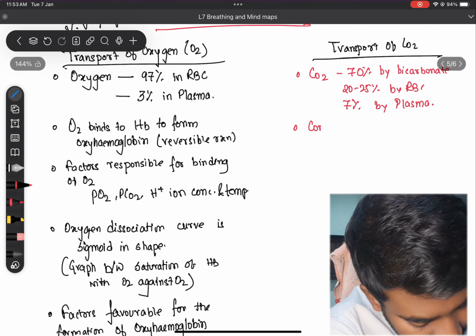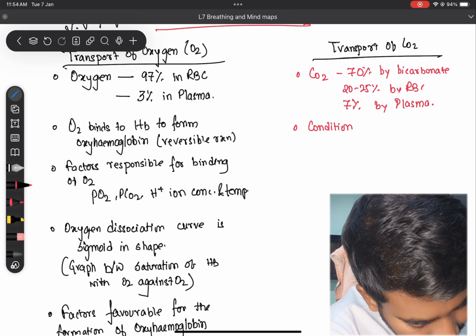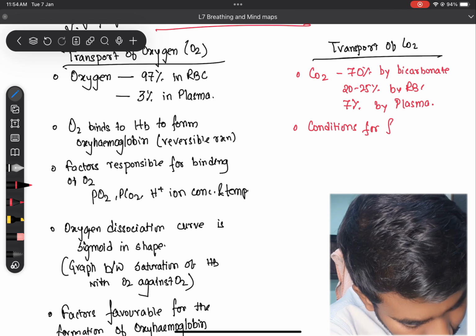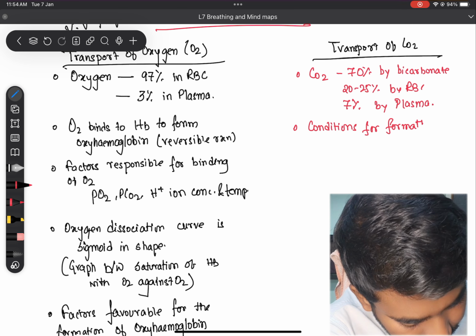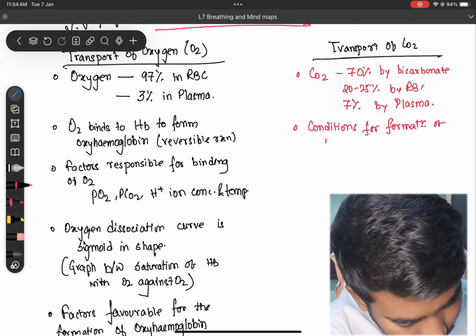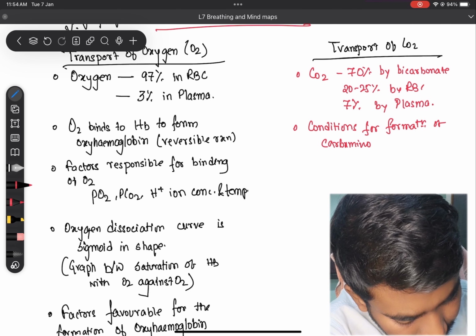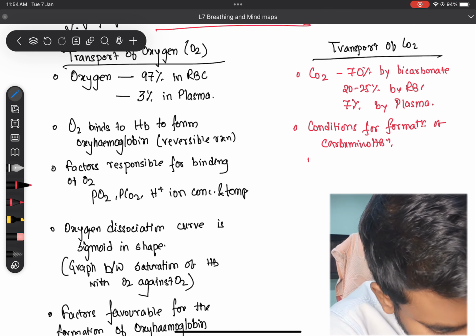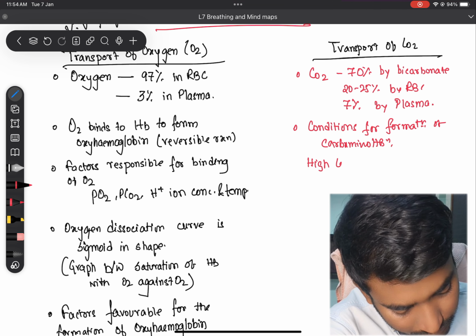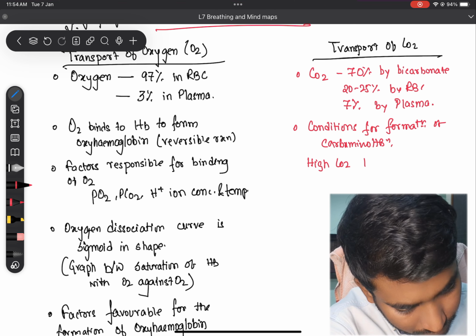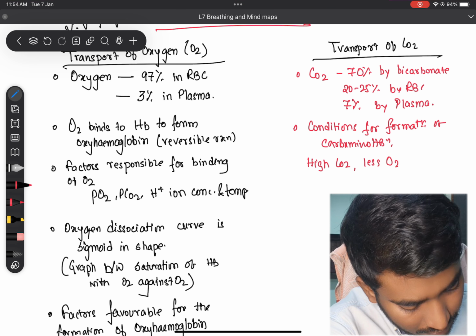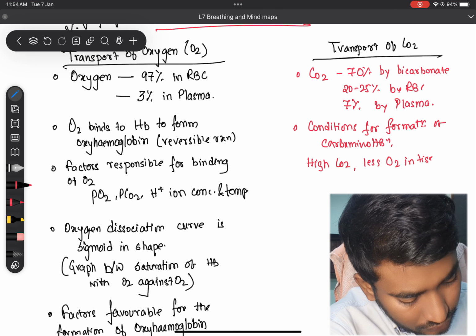Okay, conditions for formation of carbaminohemoglobin: high CO2 and less O2 in tissues.